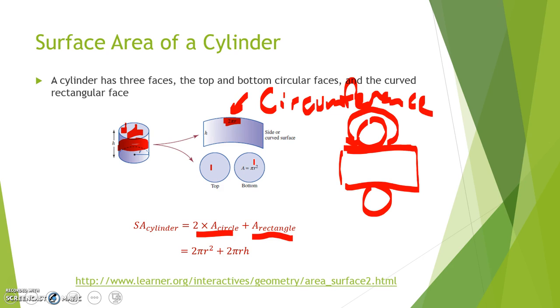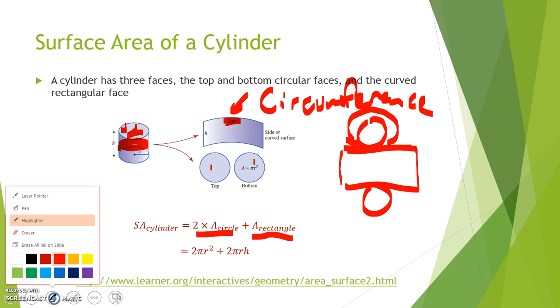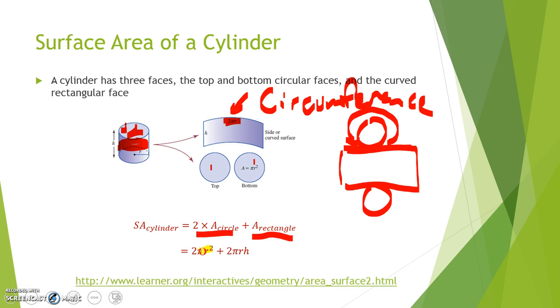So area of a circle is pi r squared, this bit here, and we double that because there's 2 of them. And then this bit here is length times width, and the length equals 2 pi r multiplied by the width, which in this case is that side, the height of the cylinder.